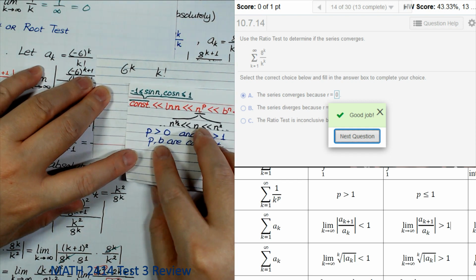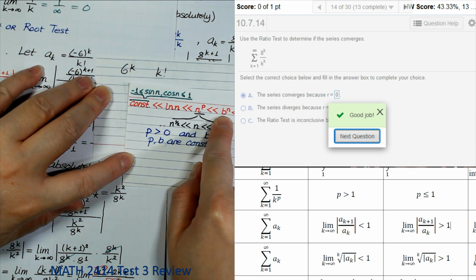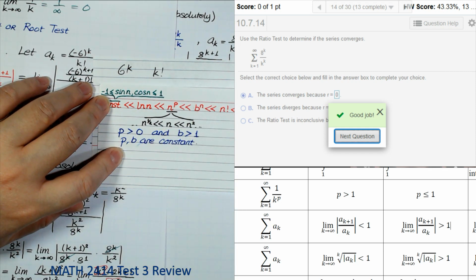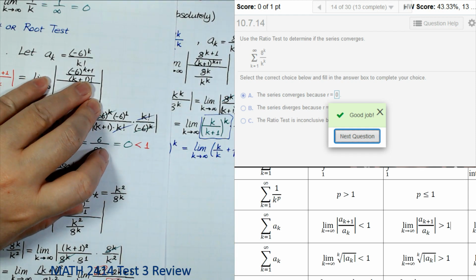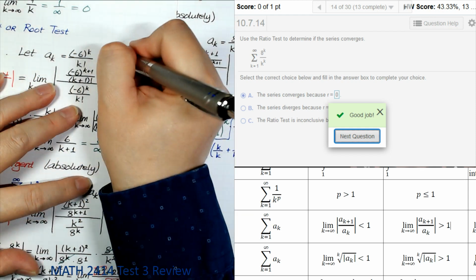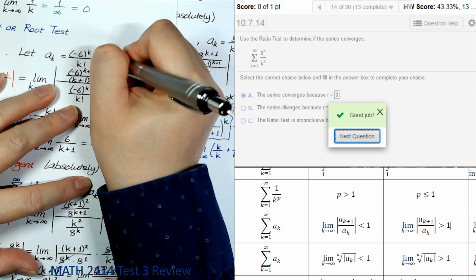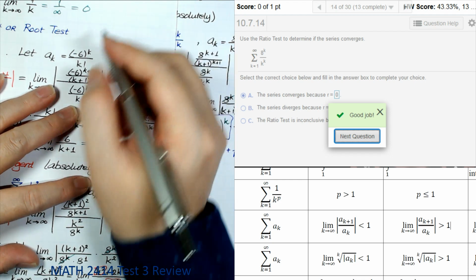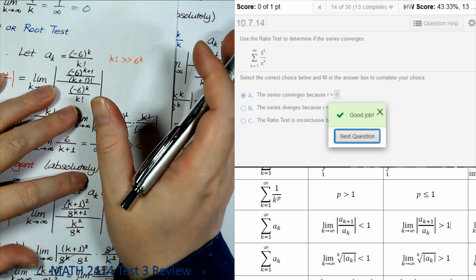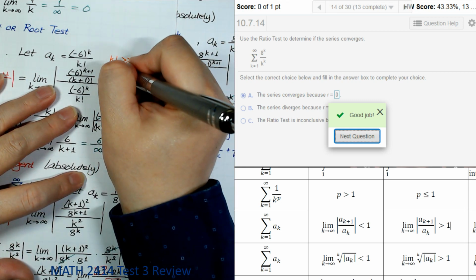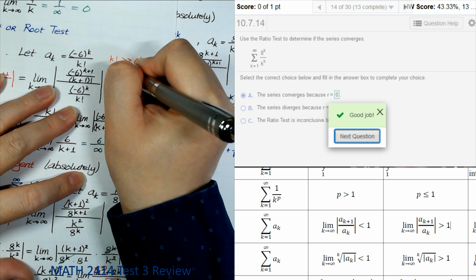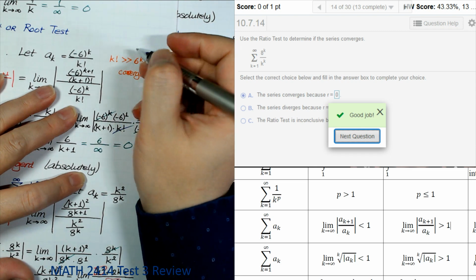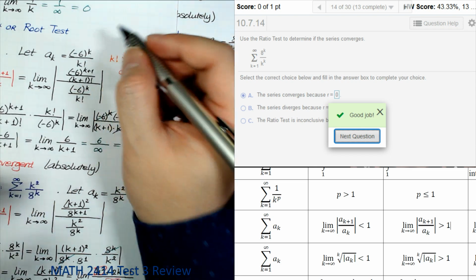According to the ranking, factorial is bigger than exponent. So let's go back and do these two problems. Factorial is a lot bigger than exponent. If we have the bigger number on the bottom, this tends to go to 0 and the series converges, because the bottom is way bigger than the top.